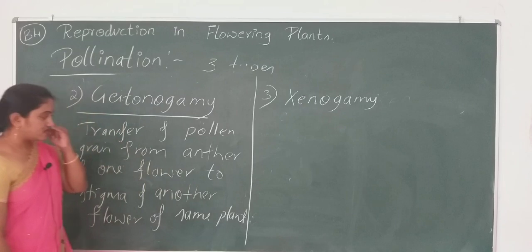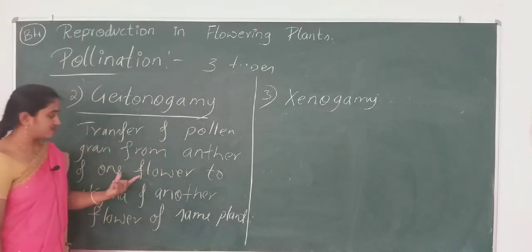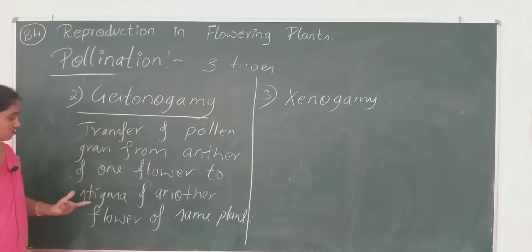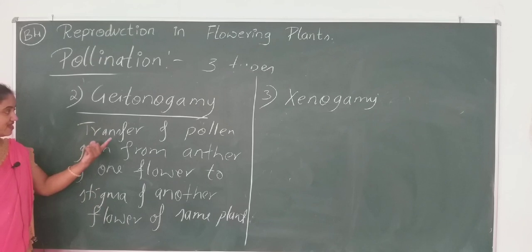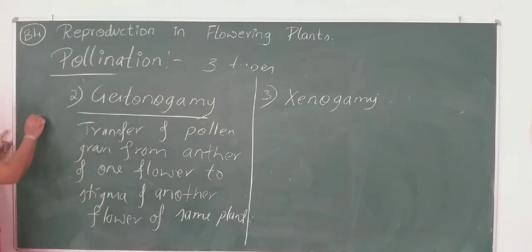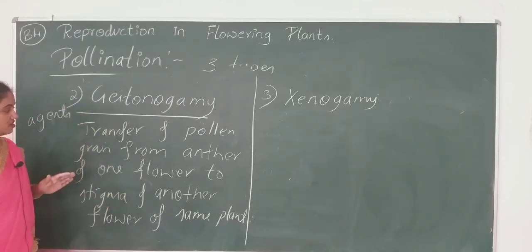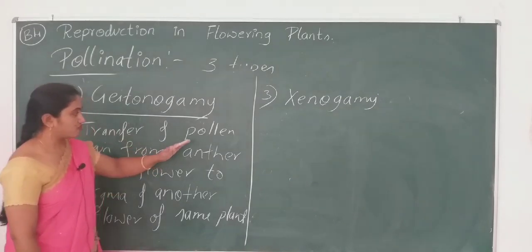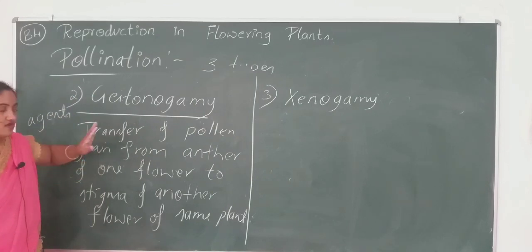In that plant, the pollen grain of one flower travels to the stigma of one more flower, where it requires some agents, pollinating agents. Without this, pollination is not possible at all, or fertilization is not possible, because as I told you, pollen grains cannot move from one point to another point.